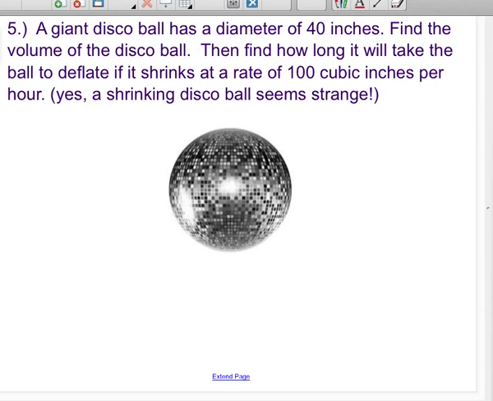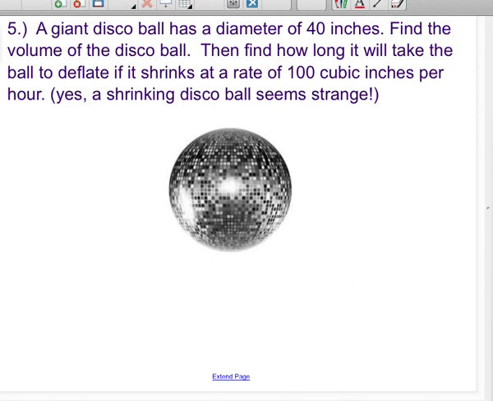Yes, a shrinking disco ball seems strange. It does, and there's probably really no such thing, but just for the sake of this volume unit and this particular volume of a sphere lesson and the fact that spheres do exist in real life, I thought it would be interesting to calculate the volume of a disco ball and then imagine how long it would take to shrink, if it could, if it was losing capacity at 100 cubic inches per hour.